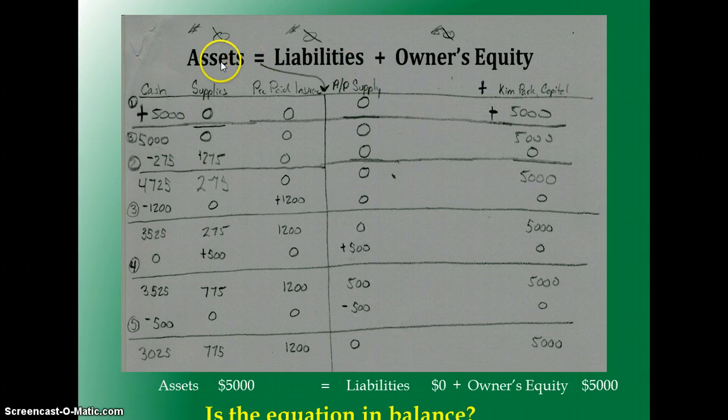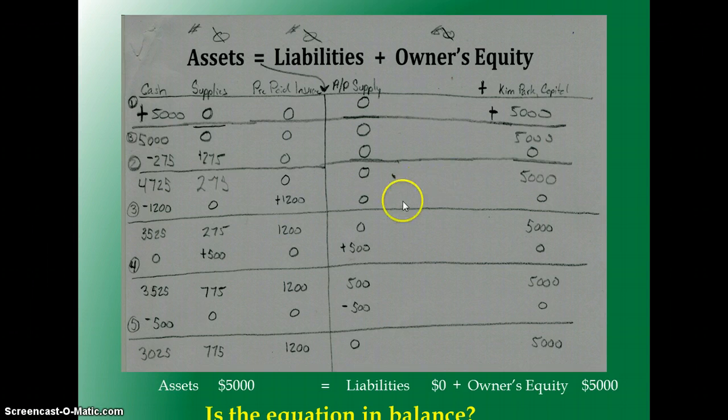Ignore the numbers. In transaction 2, I'm decreasing and increasing on the same side, so that cancels each other out. Therefore, this side still equals this side. On this transaction, it was the same thing. I was decreasing one asset and increasing another asset.